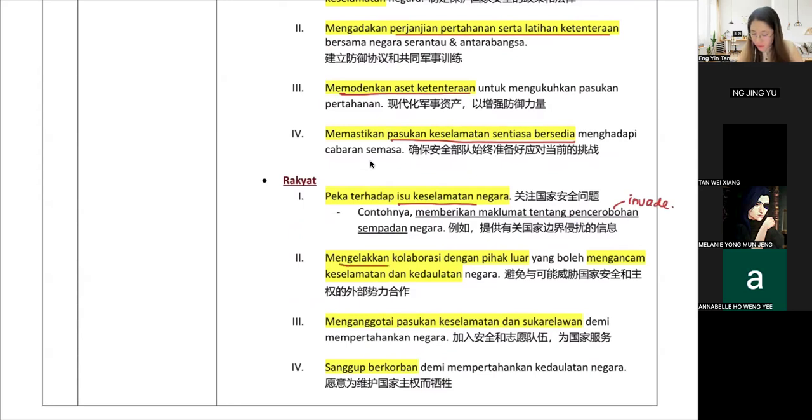And then don't collaborate with all these outsiders, okay, if they're trying to threaten our country's safety. You can join the pasukan keselamatan. Okay, pasukan keselamatan can be police, tenteras, volunteer, volunteer police. Yeah, you just go and join all this team if you're willing.